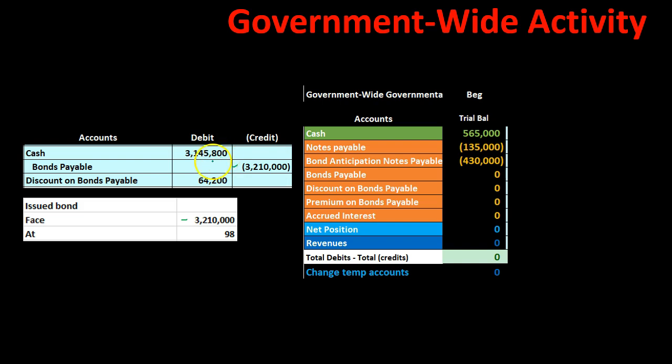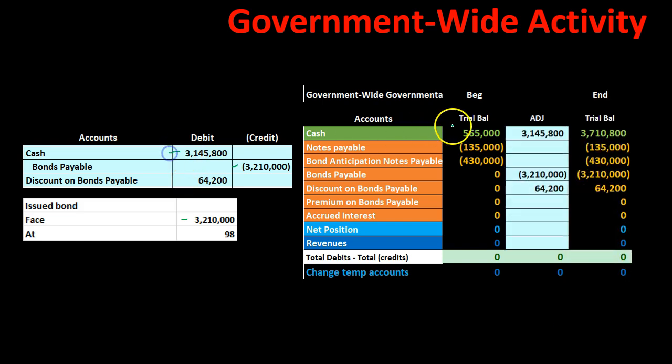So we discounted, and we have the discount that we're going to record on the difference. If we record this, then cash is going to go up. We're increasing cash because we're financing our capital project. Cash goes up with the debit. The bond payable goes up in the credit direction. And then we're going to have a debit of the discount on the bond.